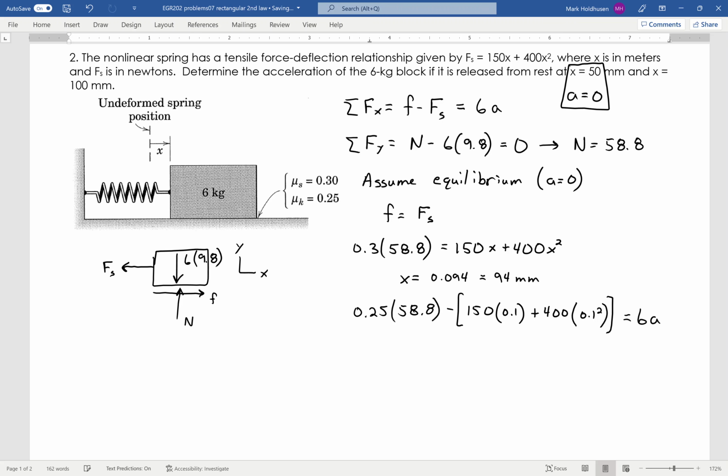At this point, I know it's going to be moving. I know that the spring force can overcome that friction. So I go ahead and calculate what that acceleration will be at that instant.